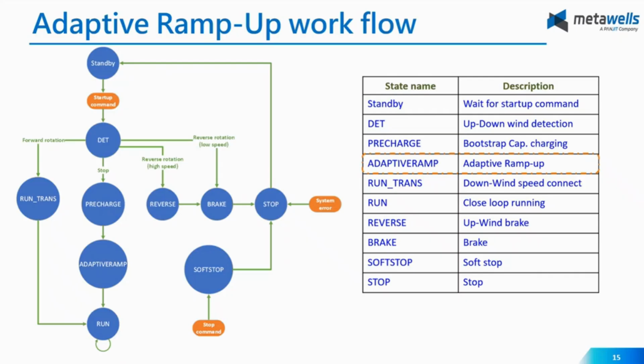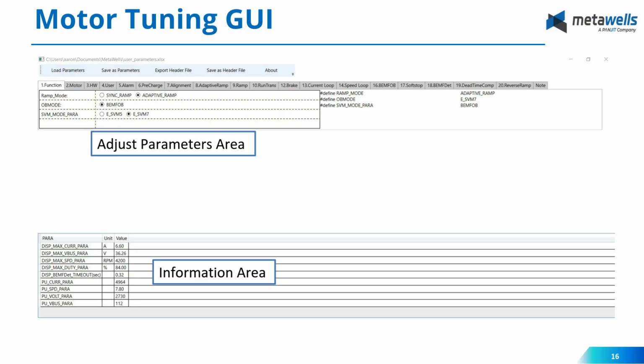So it can provide a smoother and more efficient startup for fan applications. In this table you can see the state machine state name and the description. In the information box below, useful details are displayed based on the input.